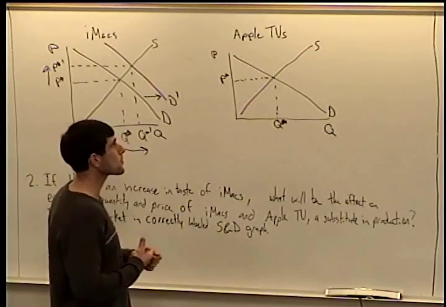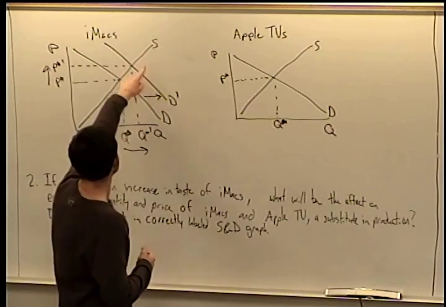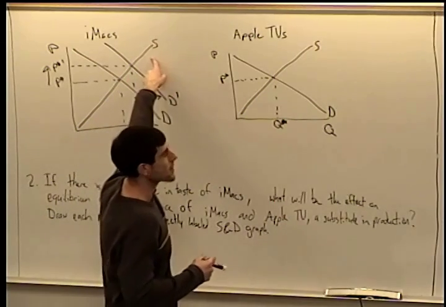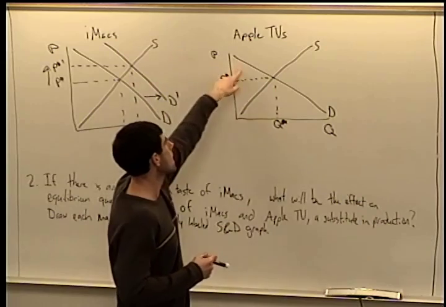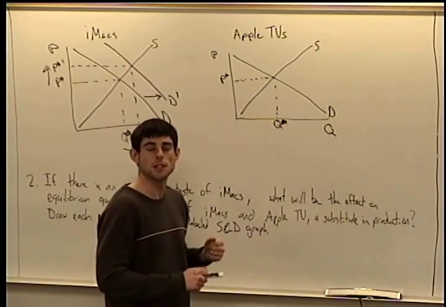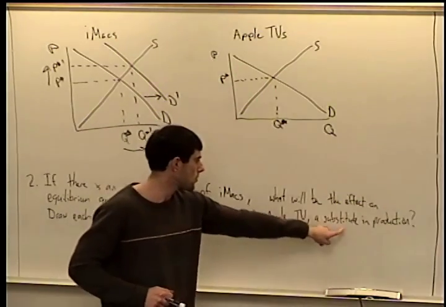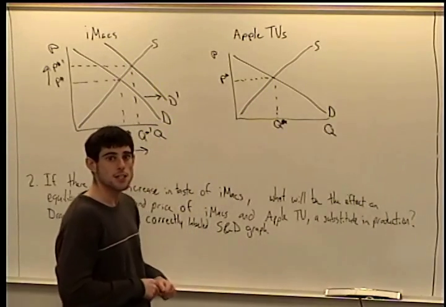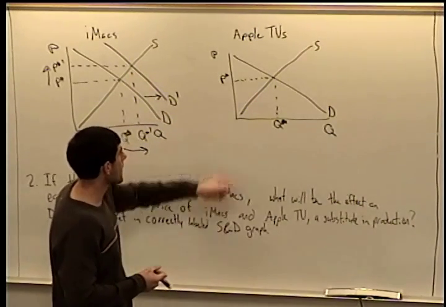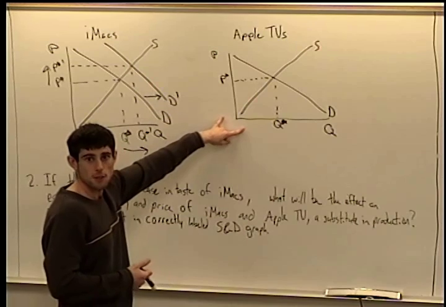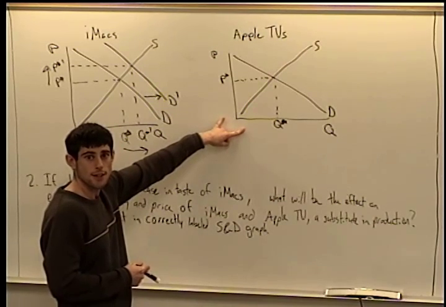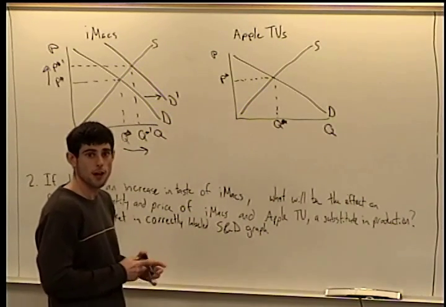However, for Apple, the supplier, they make iMacs, but if they make iMacs, that means that they forfeit Apple TVs, or vice versa, right? It's a substitute in production. So here, we know that Apple TVs is going to be affected by a supply shock. Okay, so supply is going to shift in the market for Apple TVs.